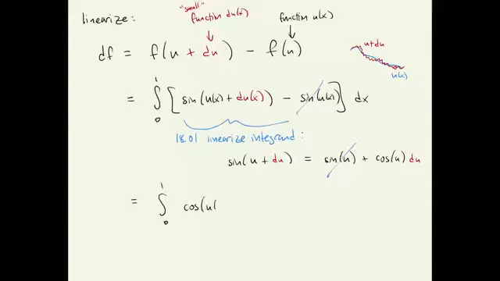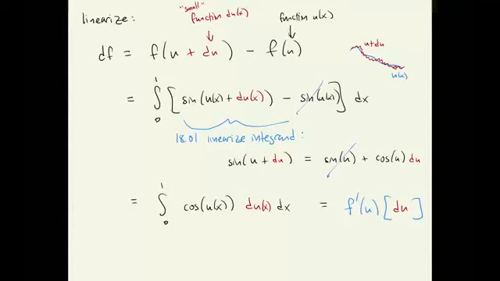Cosine of u of x du of x dx. And this is exactly a linear operator. This is f prime of u acting on du. Sorry, and again, I should put a du of x here.